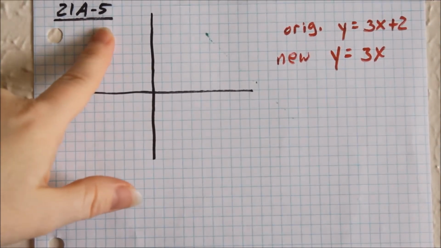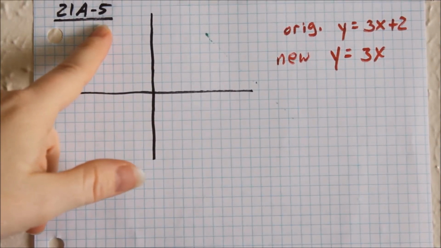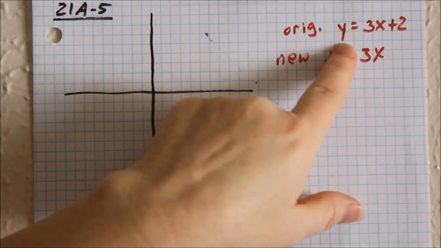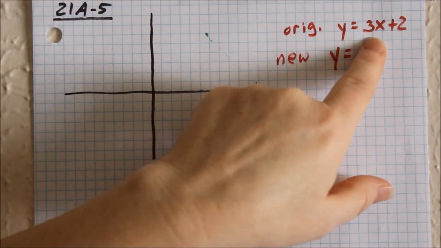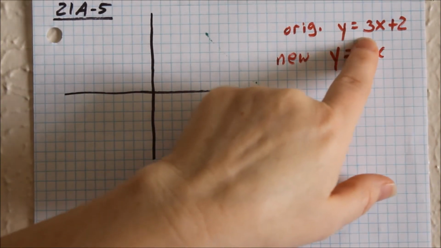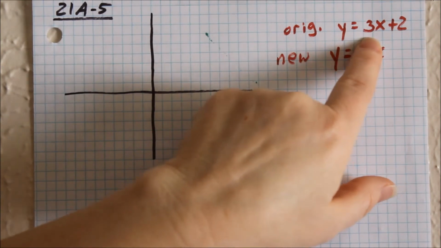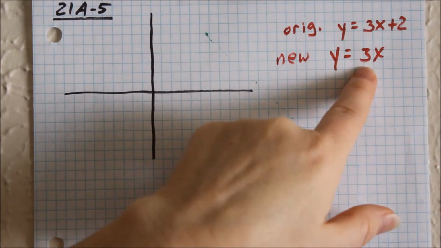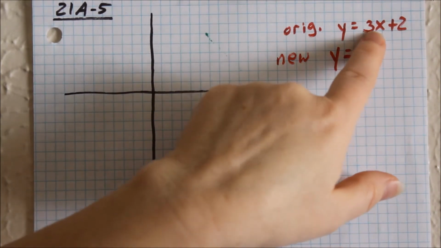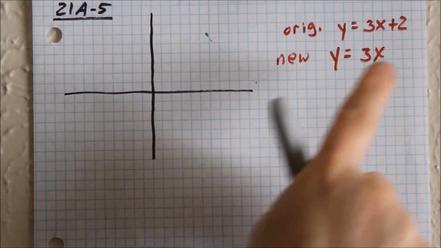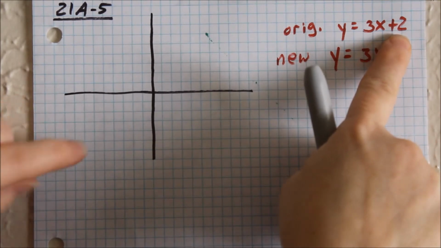Okay, we're at 21A5. The problem asked us to graph both lines. The original equation that they gave us is y equals 3x plus 2. After we found our slope and our y-intercept, our new equation was going to be y equals 3x. So let's first graph y equals 3x plus 2. Remember, you always graph the y-intercept first.